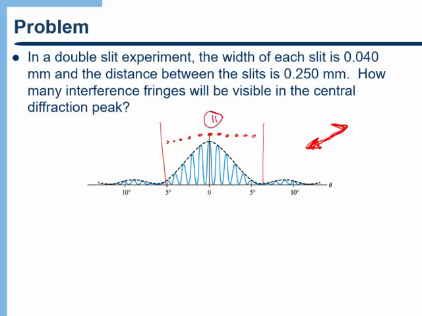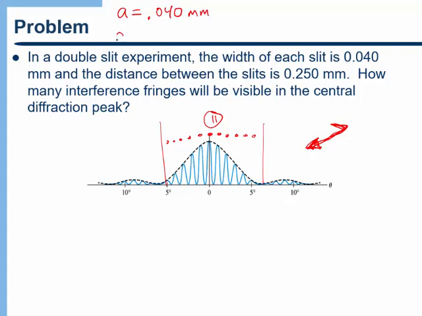Now again, that picture is not accurate for this problem, but that's the idea of what we're trying to do. So to think out this problem, we have to first identify everything correctly. We know that a represents the slit width, and so in this problem the slit width is 0.040 millimeters.